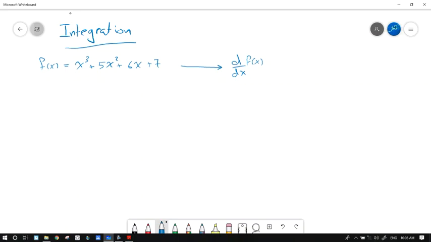The first derivative will equal 3x power 2 plus 10x plus 6, and the derivative of 7 is 0.